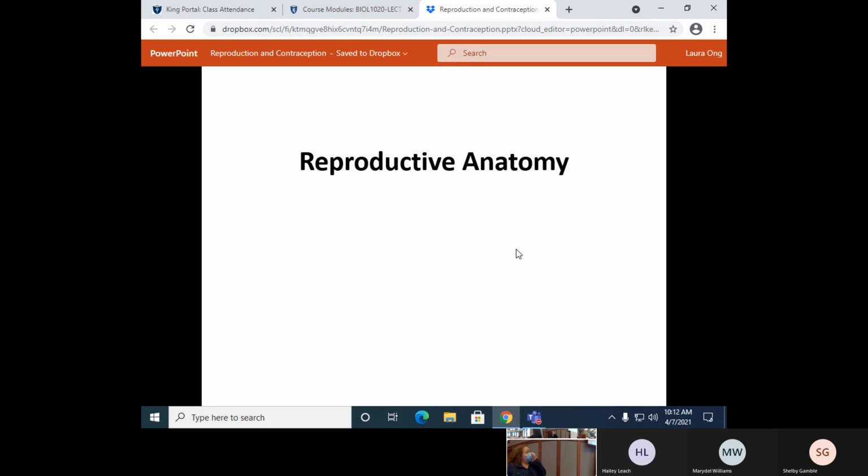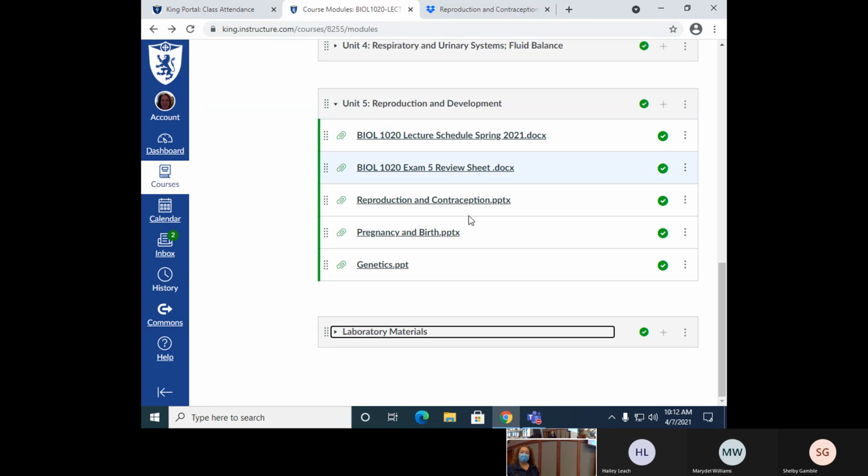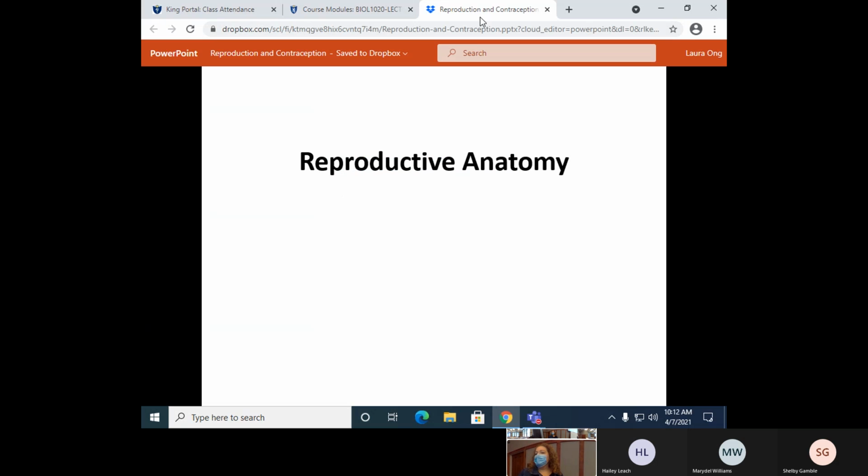So we're going to get started, and this particular slide set that we're on that says reproduction and contraception, we're going to be using this for 3 or 4 lecture days. It's got a lot of pictures in it, and it's a big slide set. It's going to be for multiple lecture days. And today, the goal is to get through the first 14 or something like that.